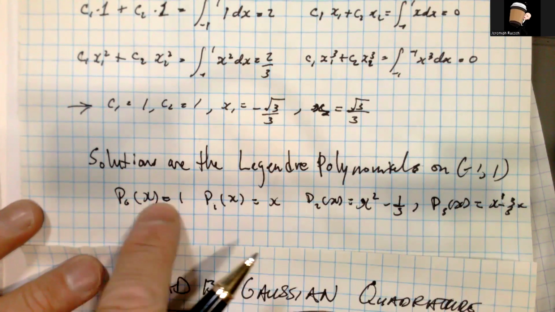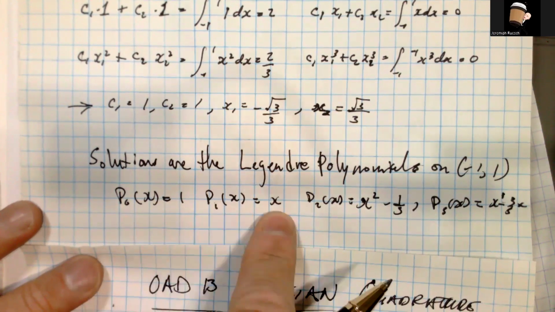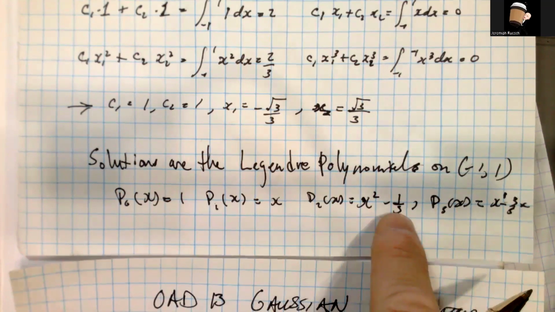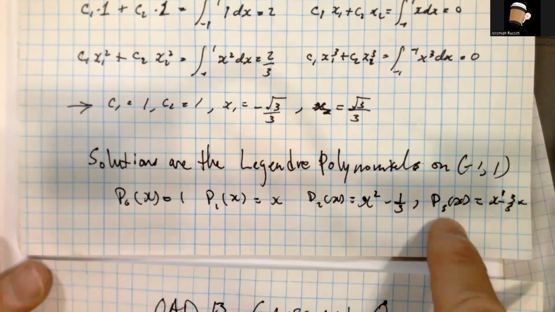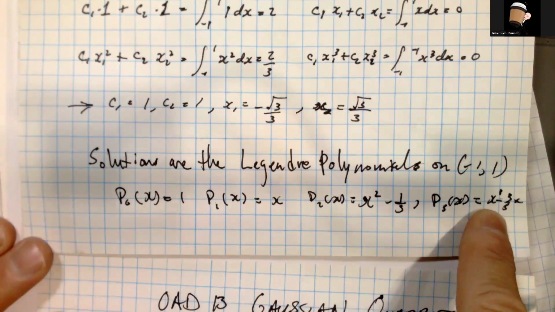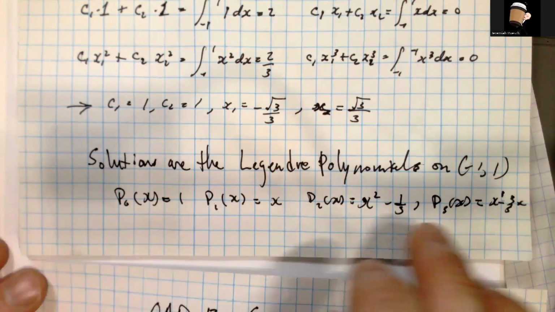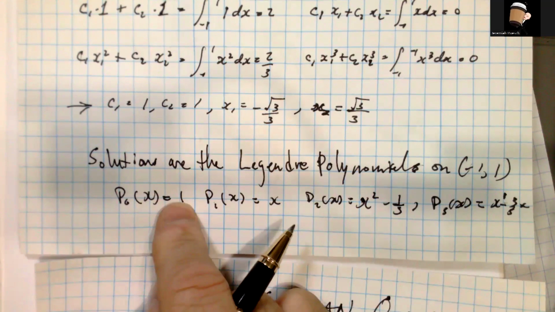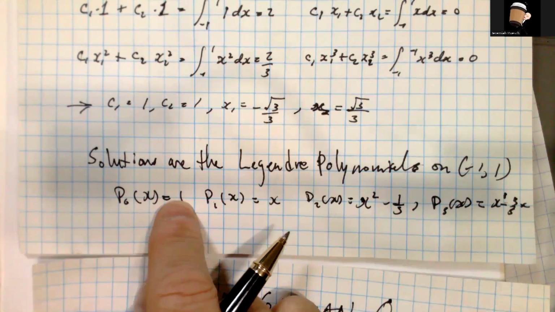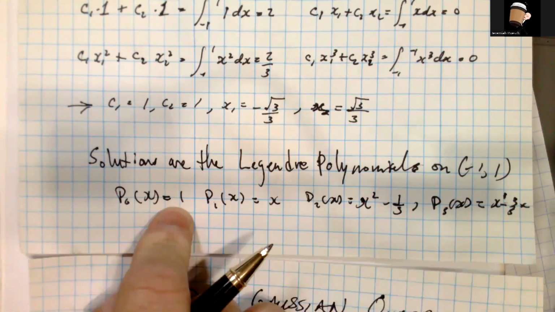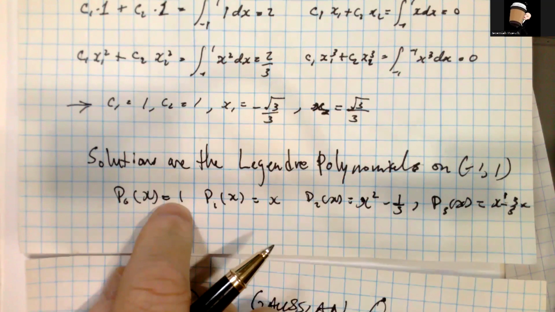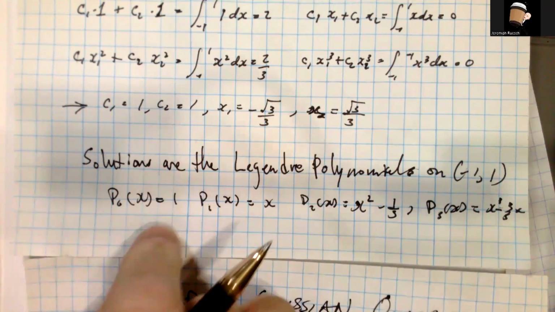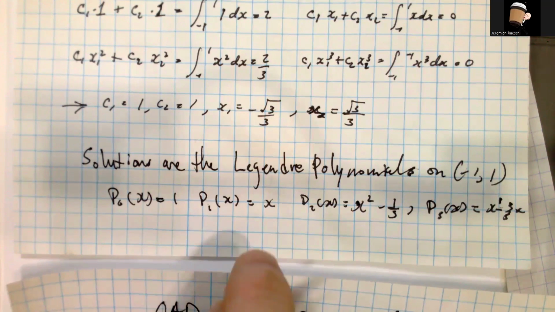P0 of x is equal to 1, P1 of x is equal to x, P2 is equal to x squared minus 1/3, and P3 is equal to x cubed minus 3/5 x, and so on and so forth. So you can generate as many of these as you need. Legendre polynomials have a lot of great properties. We'll use more of these much later in the semester as a basis set for some additional work, so that's exciting to explore.